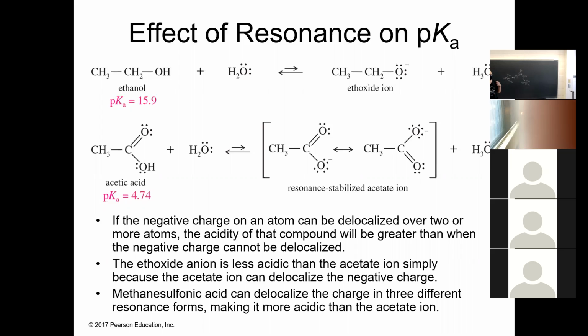Similarly, with perchloric acid and sulfuric acid, we also have resonance stabilization. The example that's listed here down at the bottom is methane sulfonic acid. Draw the structure of that.